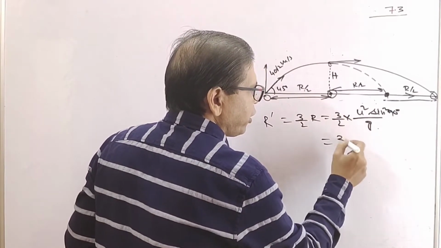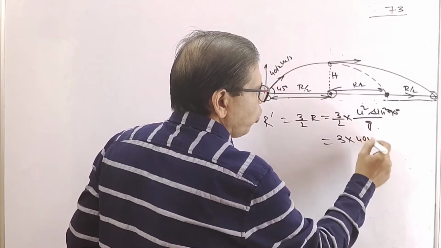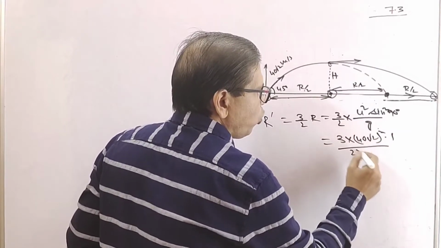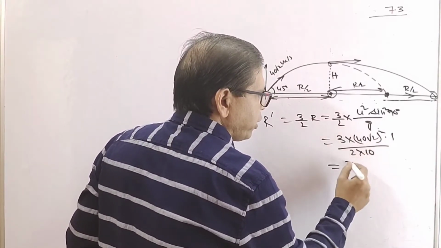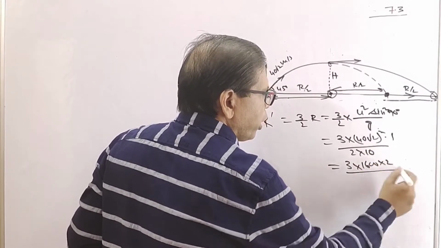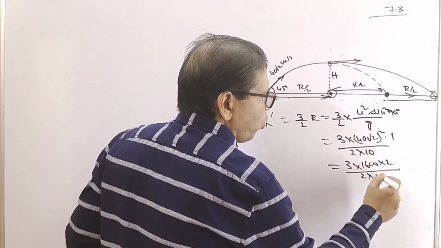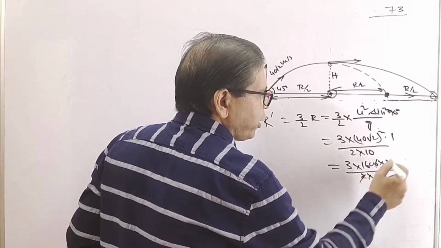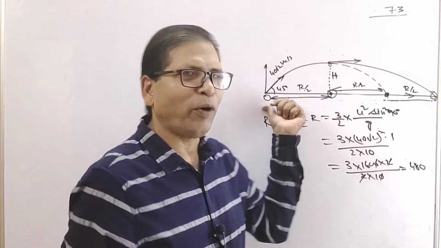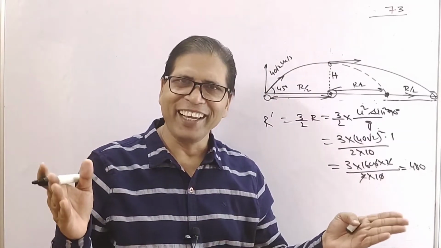So this is 3 into 40√2 whole square into 1 divided by 2 into 10. So this is 3 into 1600 into 2 divided by 2 into 10. Look at this, this cancels out, this cancels out. So this is 480 meters from the point of projection.